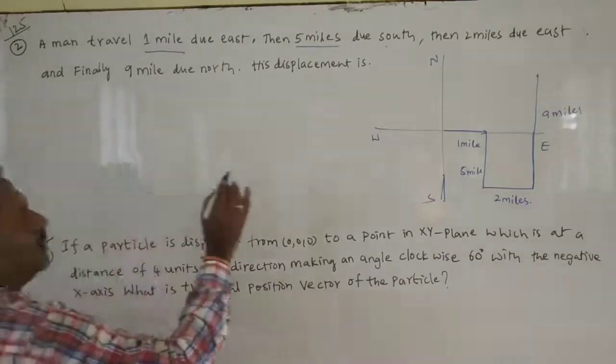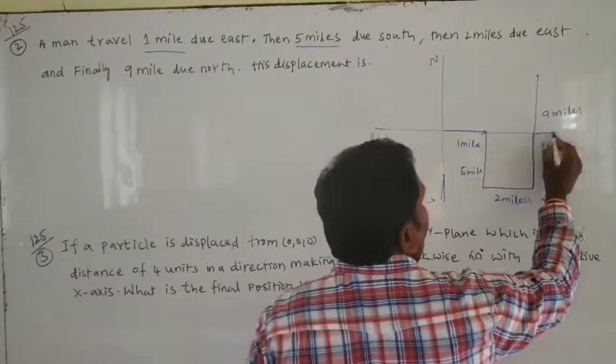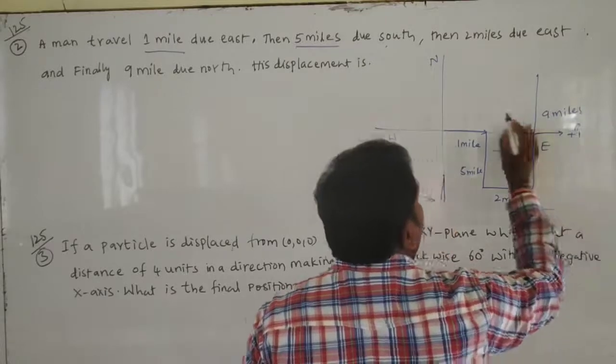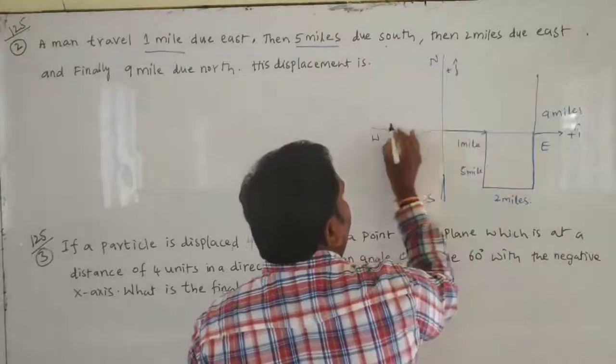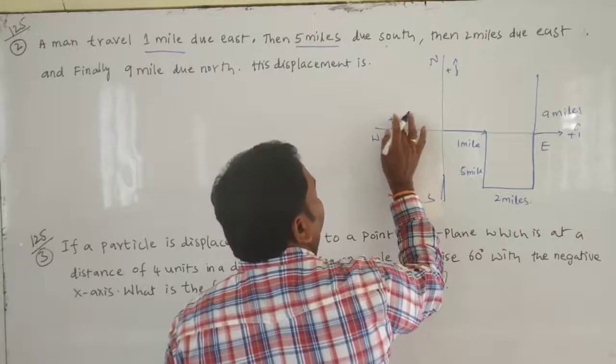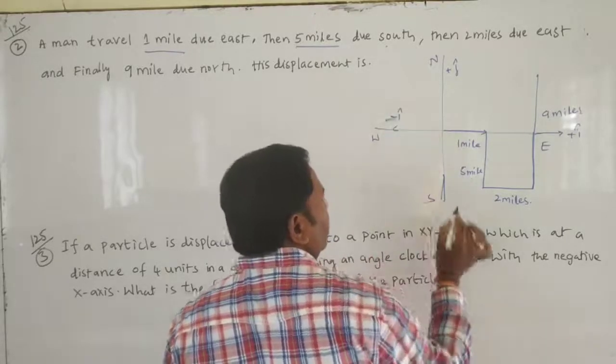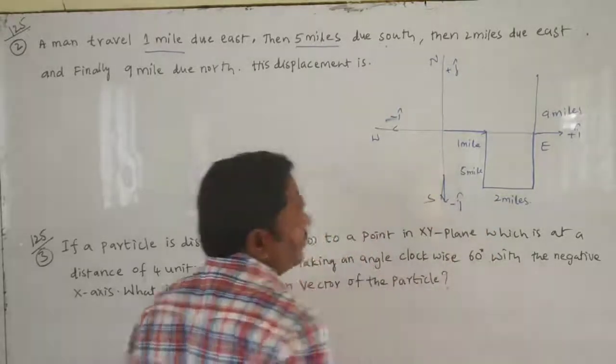So along the x-axis we write plus i cap, plus j cap, and for west minus i cap, for south minus j cap.